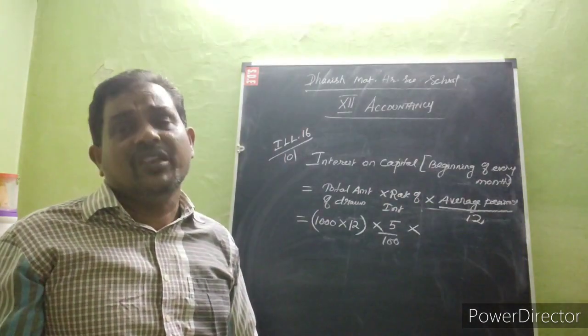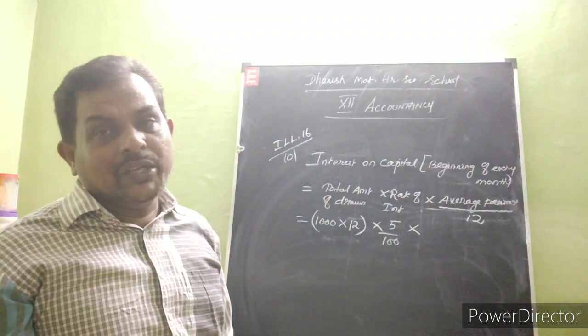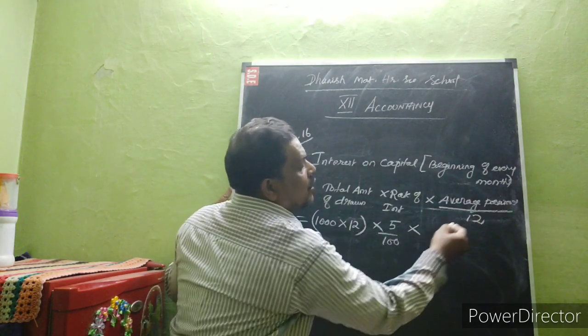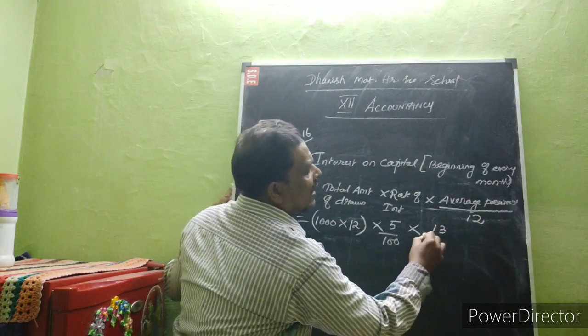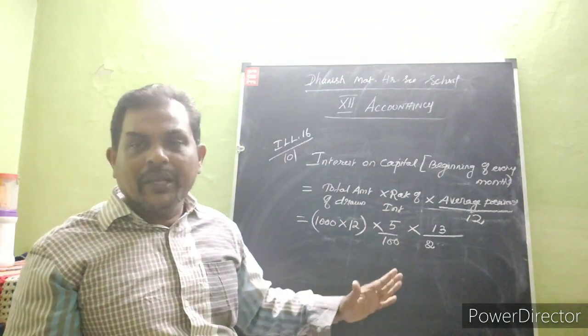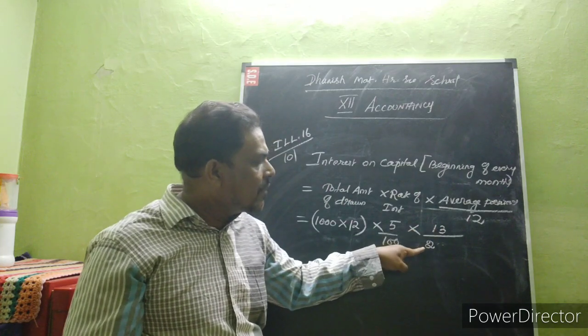That is 6.5. 6.5 is nothing but 13 divided by 2. Because 6.5 is a decimal, so in the average period you put 13 divided by 2. See, 6.5 and 13 by 2 both are the same.